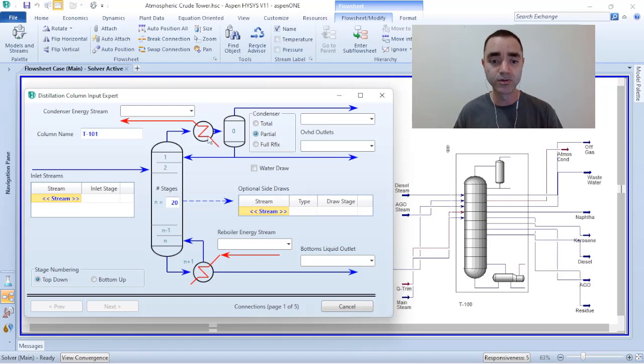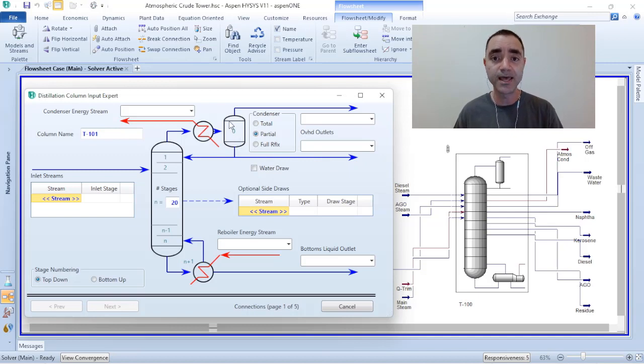In the partial condenser, I have a vapor stream coming to the equipment, and I only do the partial condensation of this stream. So I have an equilibrium stage with vapor and liquid, where my vapor phase is withdrawn as product, for instance, and I have a liquid stream that part can return as a reflux and part can be removed as distillate.